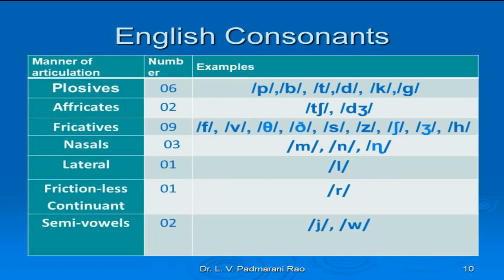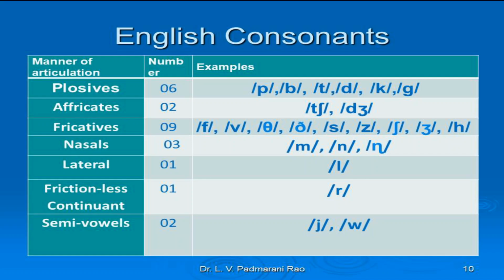Let us look at the distribution and the classification of English consonants according to the manner of articulation. There are 6 plosives in English: p, b, t, d, k, g. 2 affricates in English, ch and j. 9 fricatives in English: f, v, th, th, s, z, sh, zh, and h. 3 nasal sounds in English: m, n, and ng. 1 lateral sound in English, l. 1 frictionless continuant, r.